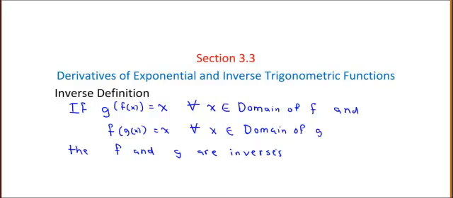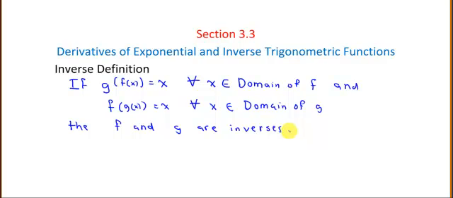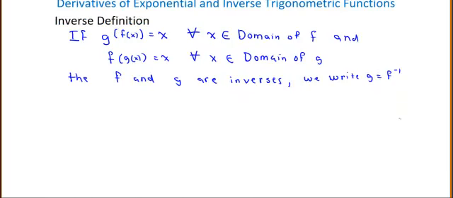Okay. And we write that g is equal to f inverse of x, or we could have said f is equal to g inverse. And so that's the definition. By the way, think of what happens here. f is doing something to x.